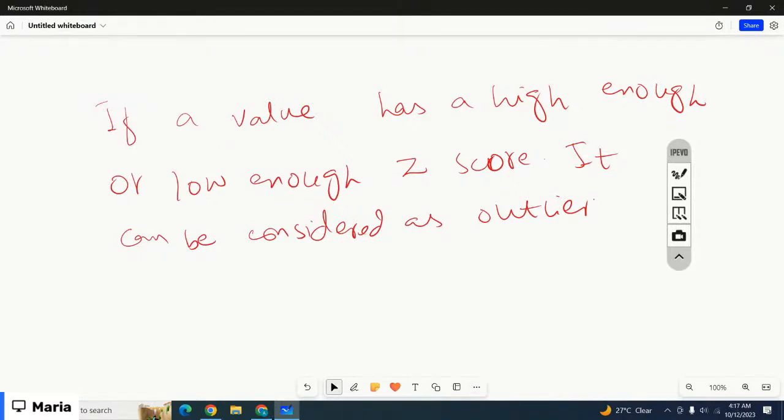That means the value is abnormal, either it is too high according to the rest of the data, or too low.